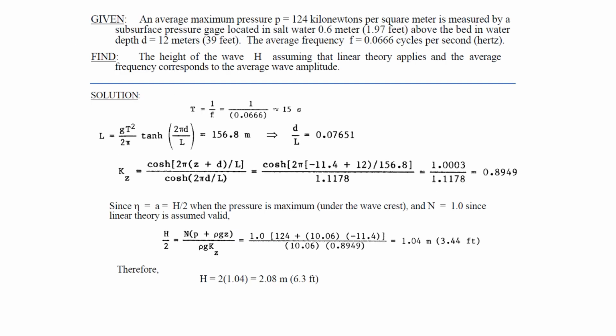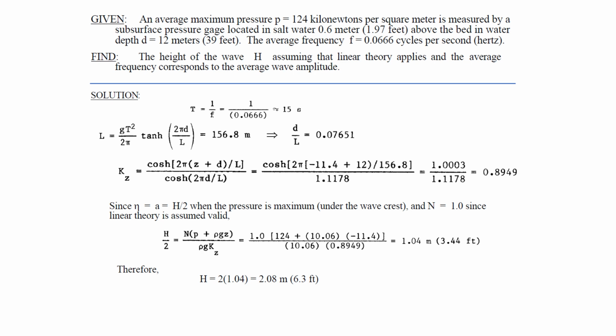Let's look at one example here. An average maximum pressure of 124 kilonewton per square meter is measured by a subsurface pressure gauge located in salt water 0.6 meter above the bed in a water depth of 12 meter.